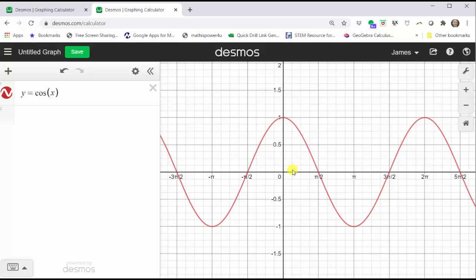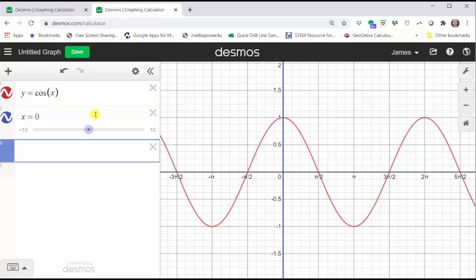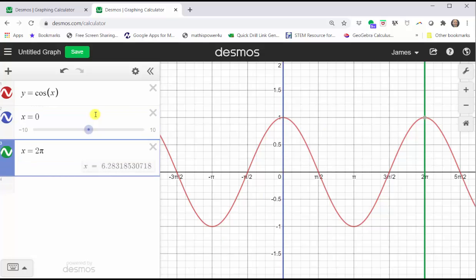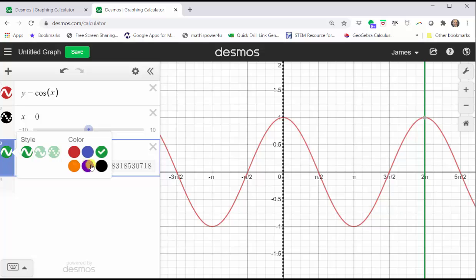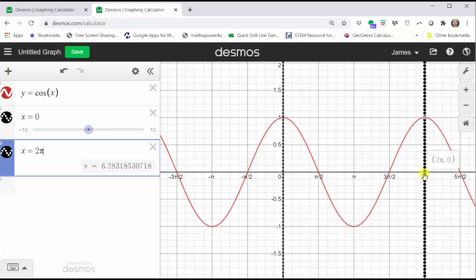And let's sketch some vertical lines so we can better see what we're doing. Let's type in x equals 0, enter x equals 2 pi, and let's go ahead and change these vertical lines to dashed and black. And now let's break this interval into 4 equal subintervals.